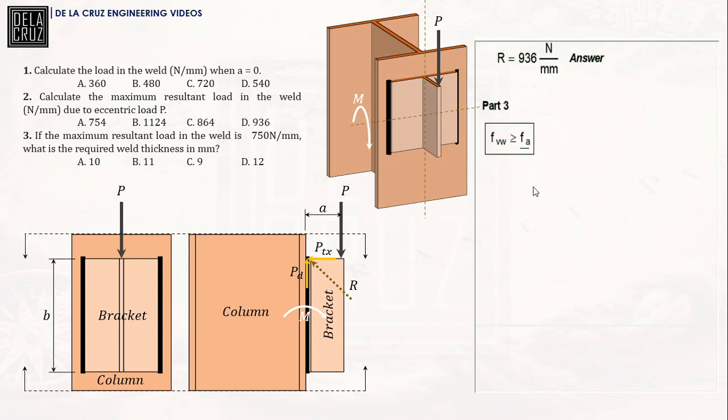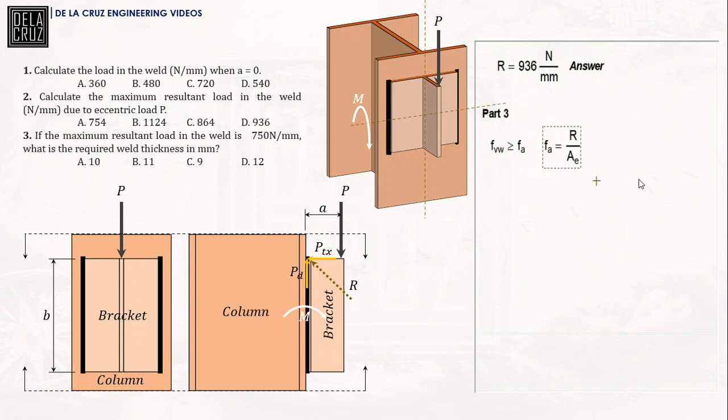So, yung FA natin here, the actual shear stress would be equals to force, the resultant force on the critical portion over the area, effective area of the weld. Per mm yan. Okay? Ano yung R natin dito? So yung R natin here, sinabi sa part 3, that would be 750. So we'll not be using this R natin dito. We'll not be using that one. Okay? Instead, we'll be using ano yung binigay.